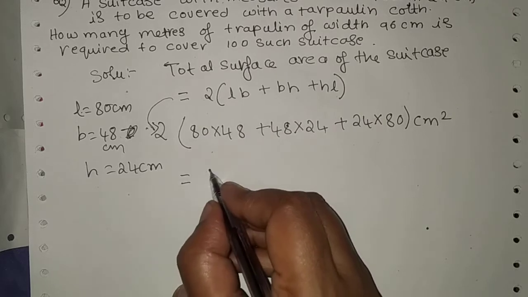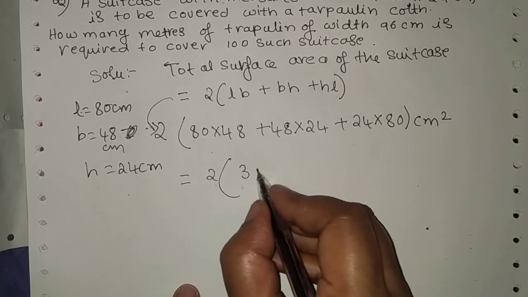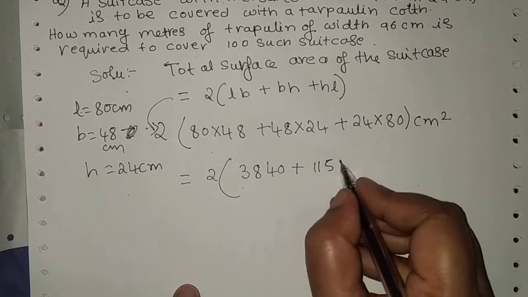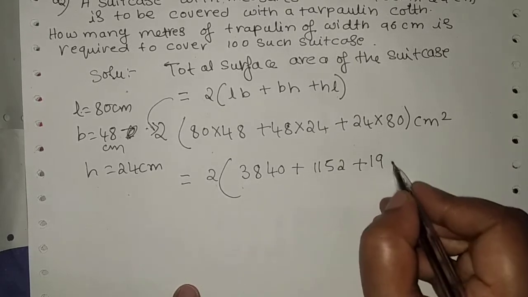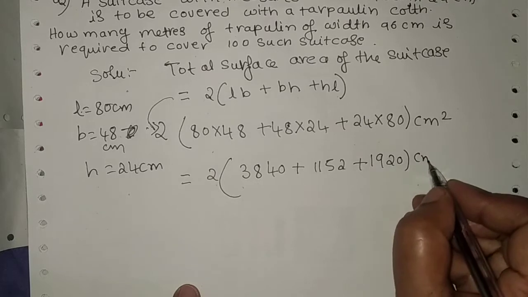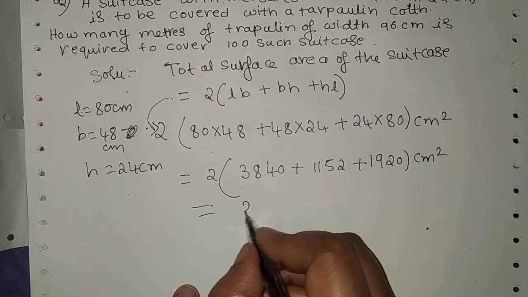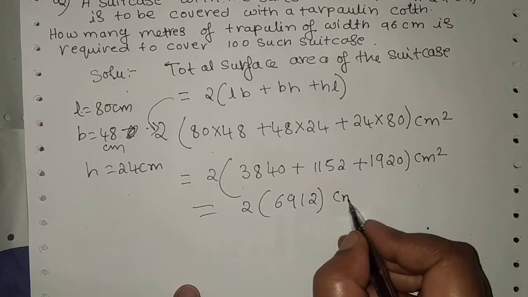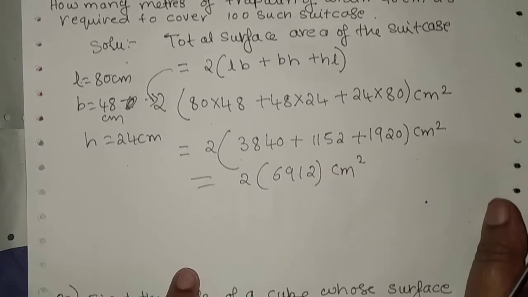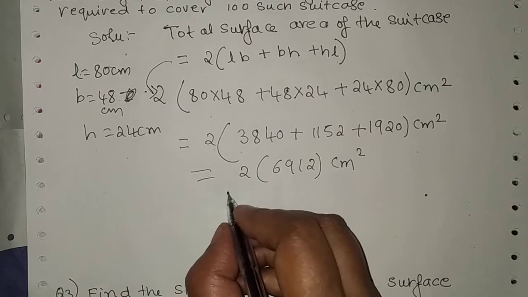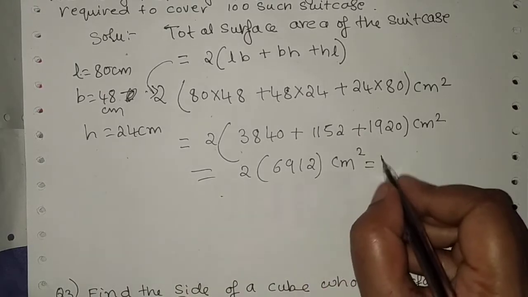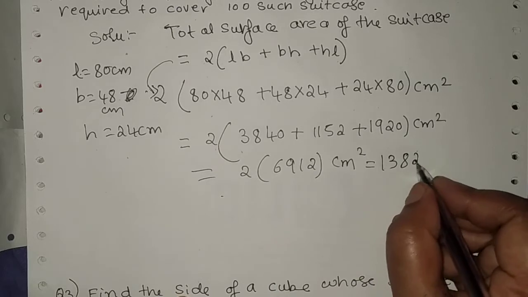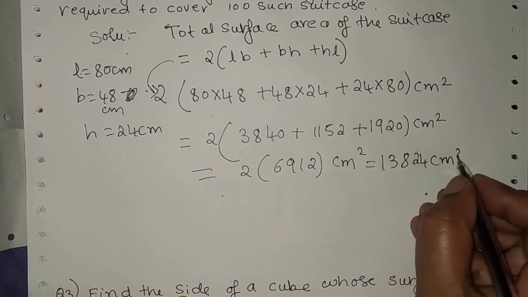Now we'll simplify: 2 into 3840 plus 1152 plus 1920, which gives 6912 centimeters square. Therefore 2 into 6912, and multiplying these two we get 13,824 centimeters square.